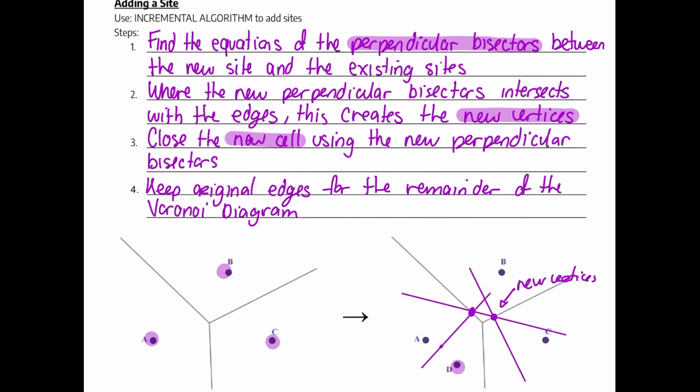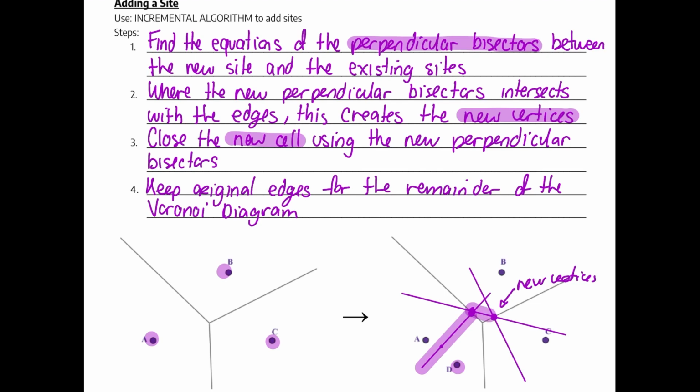So we start with the closest perpendicular bisector to D, which is AD. And then as soon as we hit a vertex, we stop. And then we ask ourselves, okay, which of these options for the perpendicular bisectors is the closest one to the site D? And that's going to be the one that is the perpendicular bisector between B and D. And then I hit a vertex again.